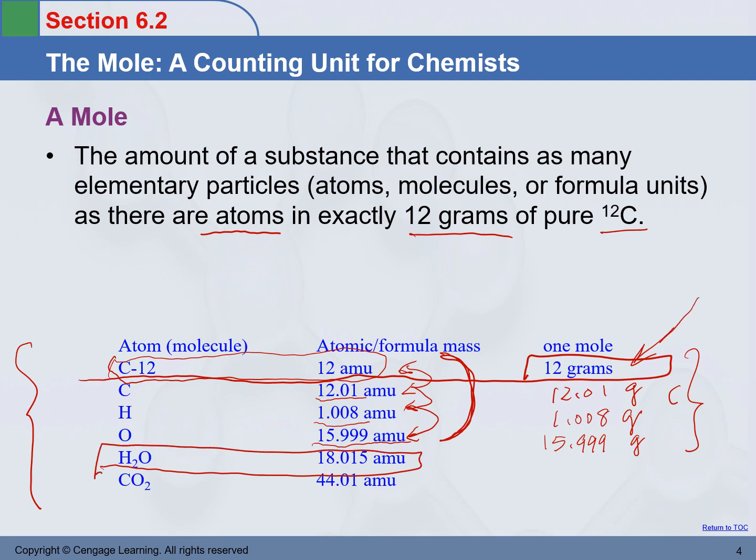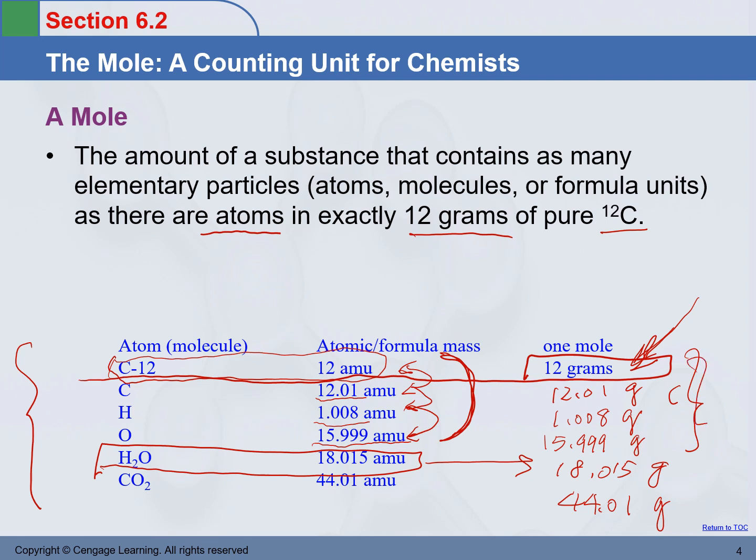After defining 1 mole like this, we will know 18.015 grams of water will have 1 mole of water molecules. 44.01 grams of carbon dioxide will have 1 mole of carbon dioxide molecules.